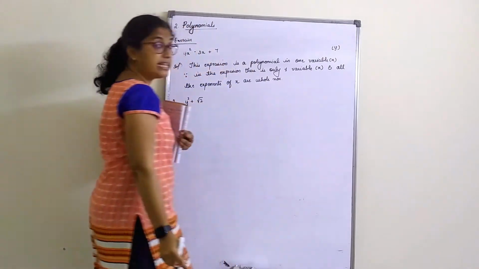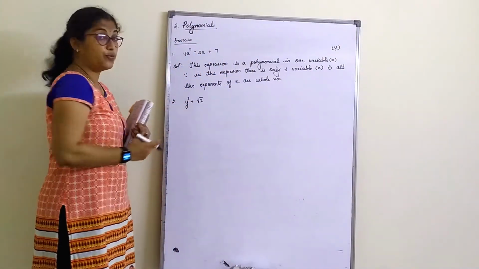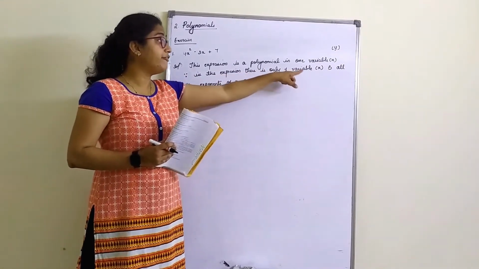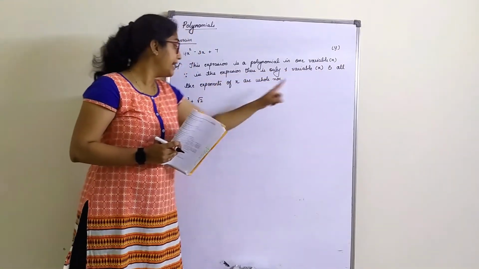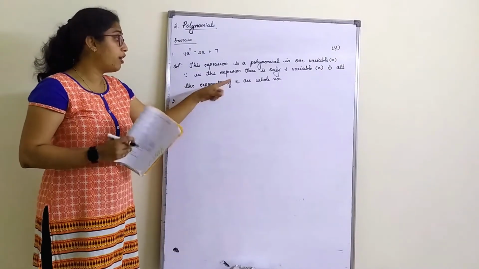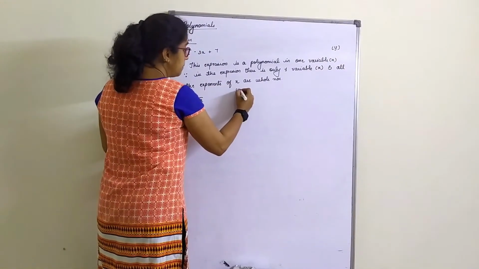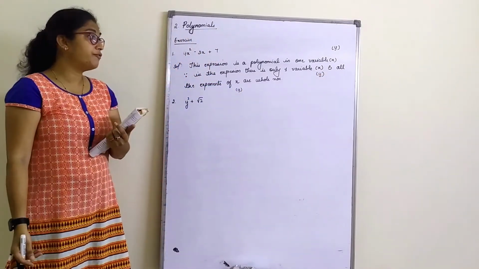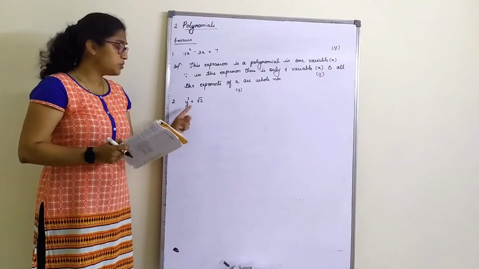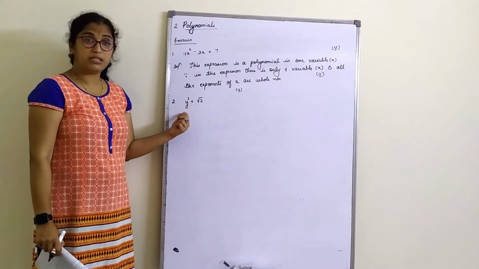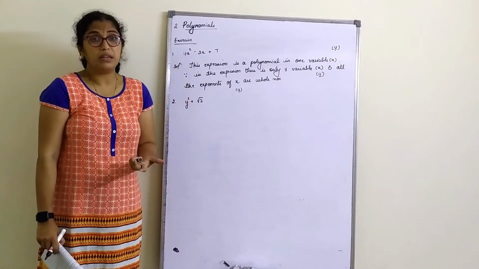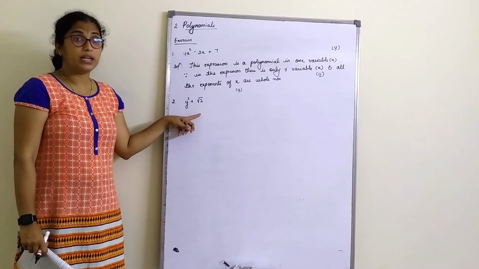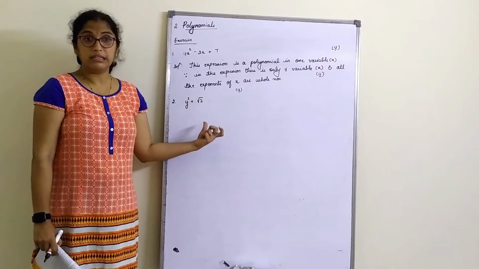You will use y, because in the expression there is only one variable y, and all the exponents of y are whole numbers. There's only one variable used here, and that variable has a whole number as an exponent. The same reason will come, so I will not repeat it.